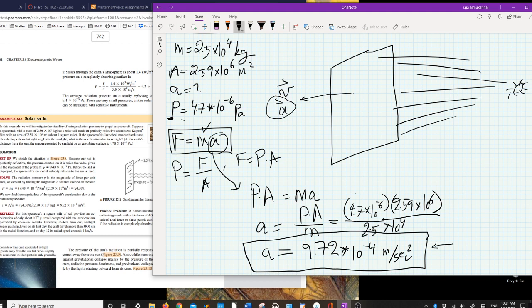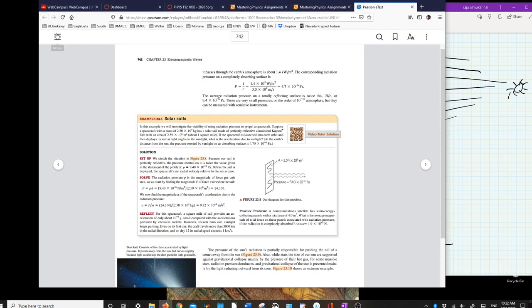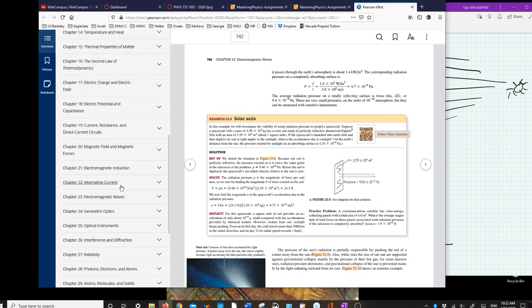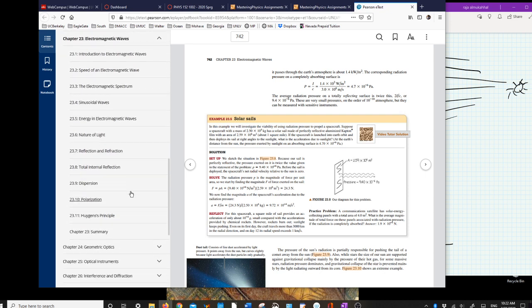Okay, I'm going to stop the video here because in my next video we're going to talk about the nature of light, which is section 23. Let me go back to the book. I'll make one more video around the middle of the week on the nature of light. We will cover reflection and refraction and the total internal reflection.